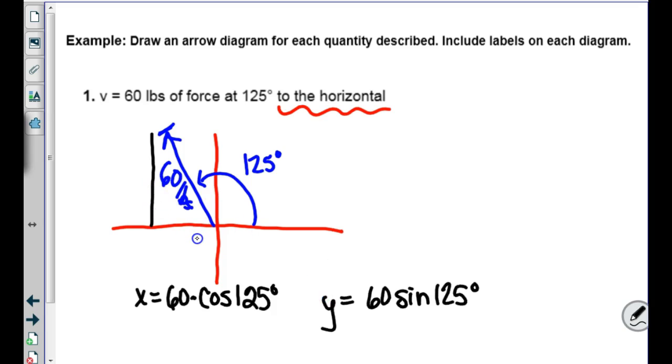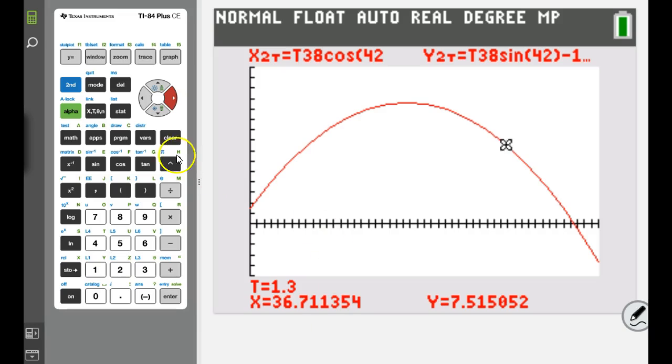Now, we're going to get a negative number because we use this 125, but should we have a negative x? It's pulling left, right? If we're talking about the components, we're going to want this as a negative and a positive. So make sure your calculator is in what mode? What are the 125 in?